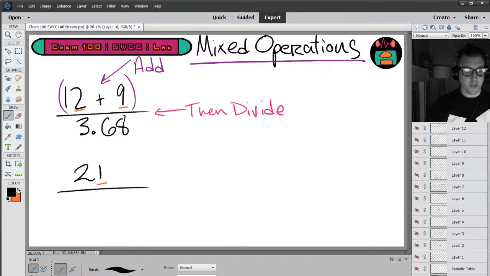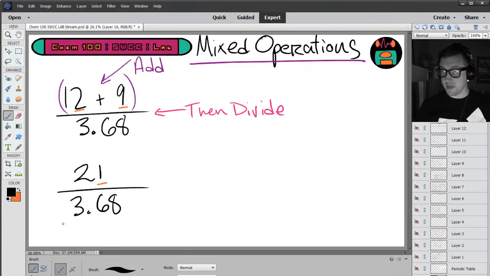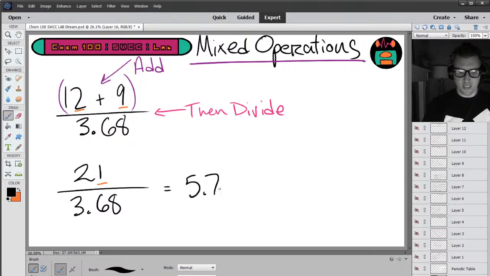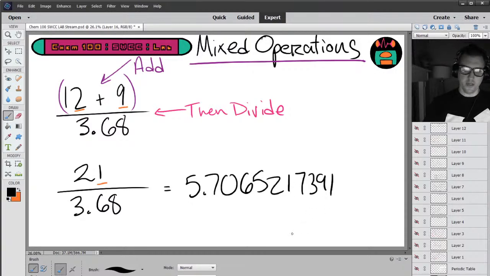So now we have 21 divided by 3.68. All right, I can't do this one in my head, so I'm going to bust out my calculator. 21 divided by 3.68 is 5.7065217391. Now sig figs.